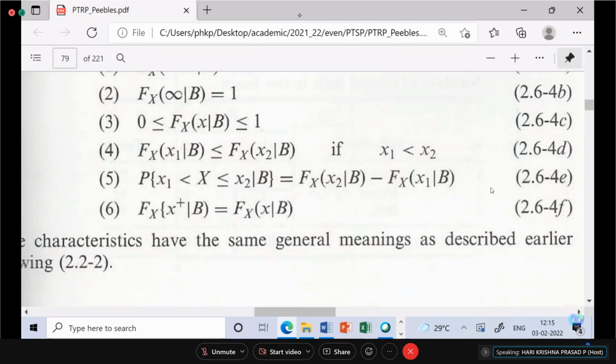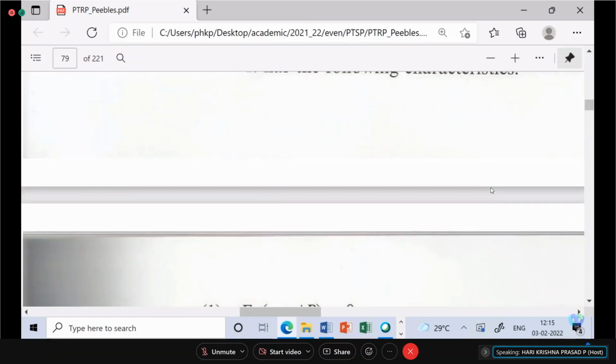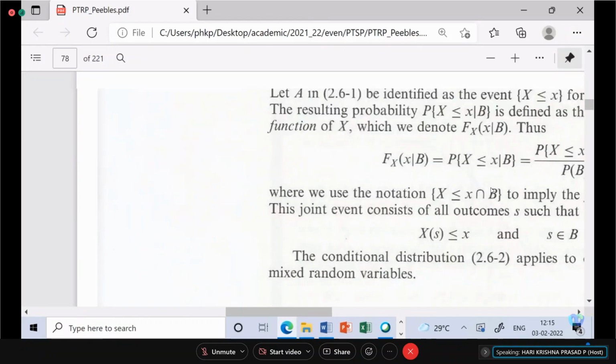Just consider a value of x just above that, a delta increment on the higher side. Whatever value the distribution function has got, the same value the distribution function will have when you consider that exact value. So, okay, let me show one example so that the explanation becomes clear.